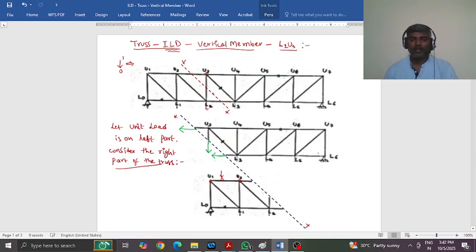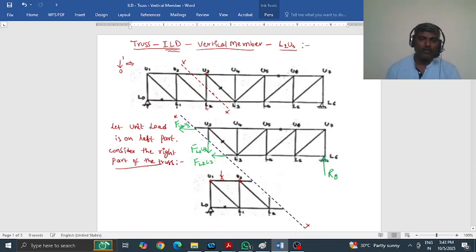And obviously the support reaction here, let us say this is RB. So this force is named as FU2U3. This vertical member force is FL2U3. This member force is FL2L3.